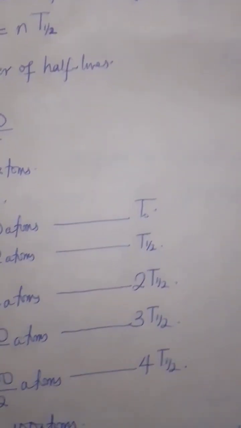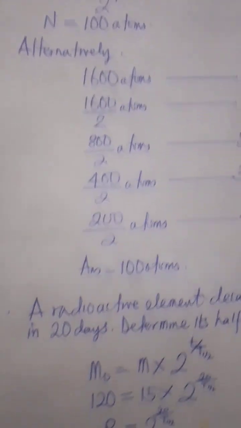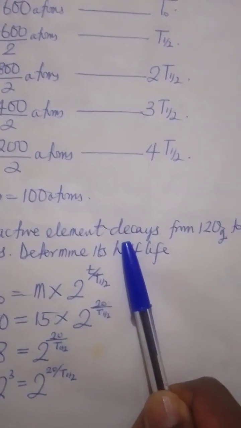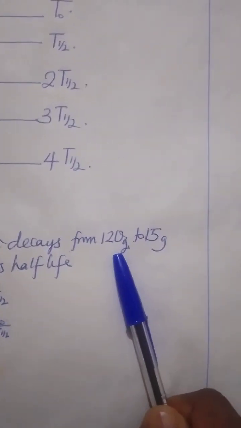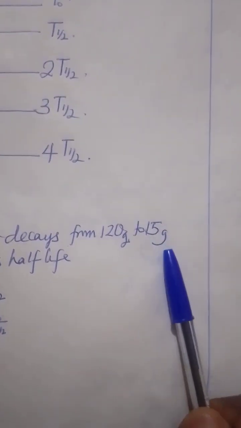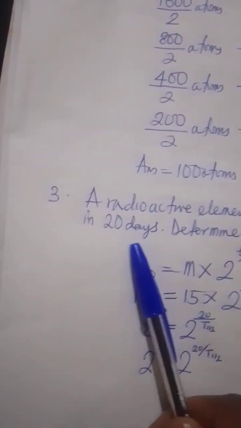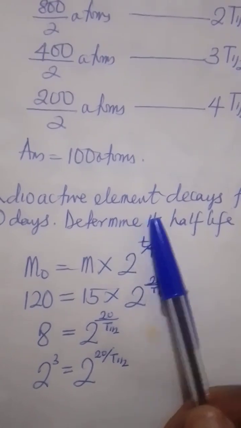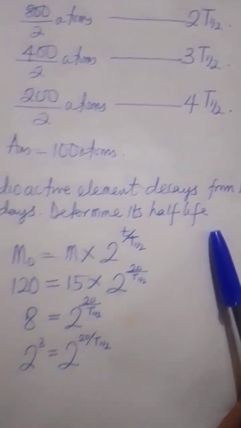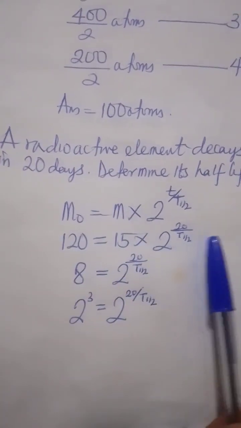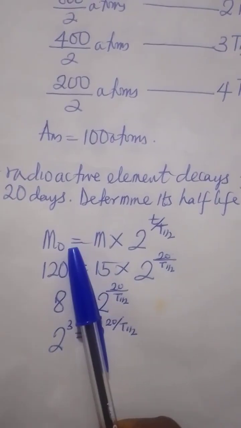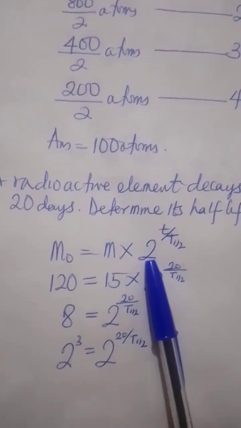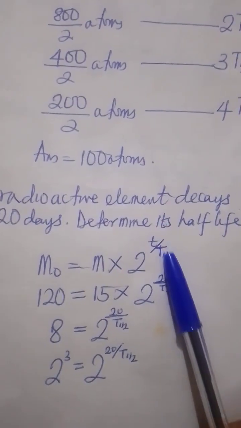We go to question number 3. A radioactive element decays from 120 gram to 15 gram in 20 days. Determine its half-life. You remember this formula again? I once asked you to commit this formula to memory. M0 is equal to M times 2 raised to the power T over T half.